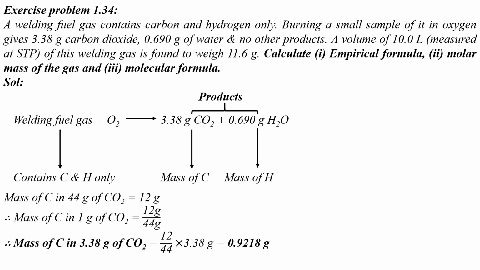From the given mass of carbon dioxide and water, we must find out the mass of carbon and hydrogen present in carbon dioxide and water respectively. Once we find the mass of carbon and hydrogen, we can calculate the mass percentage of carbon and hydrogen in the welding gas. And finally, we can write the corresponding empirical formula.